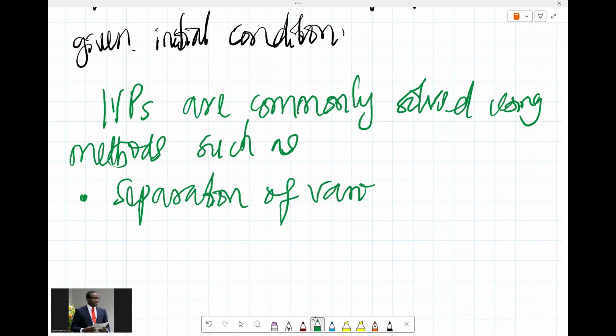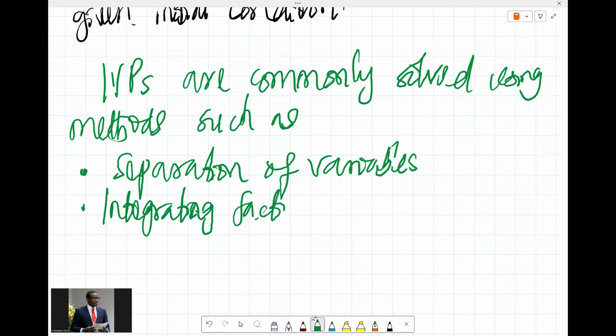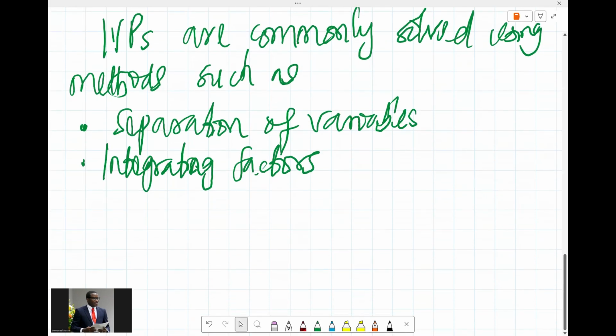When I finally get around to talking about differential equations, not numerical now, I'll be dealing with all of this. Separation of variables, integrating factors, and so on and so forth.